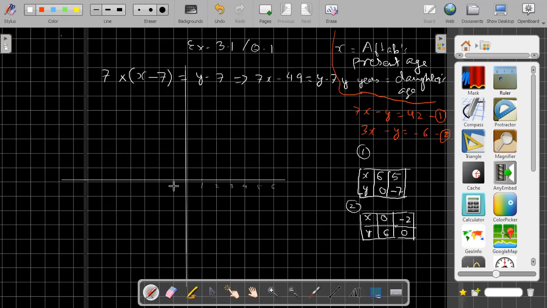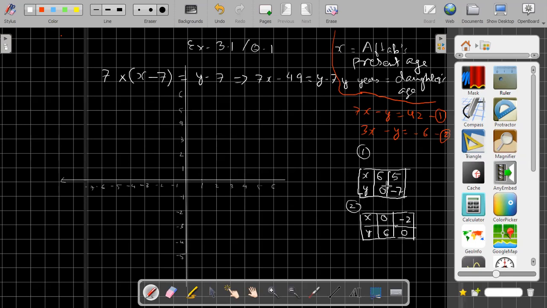Here it will be -1, -2, -3, -4, -5, -6, -7, and so on. Here 1, 2, 3, 4, 5, 6, -1, -2, -3, -4, -5.